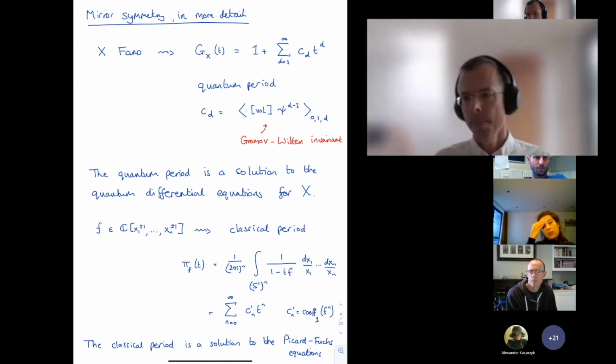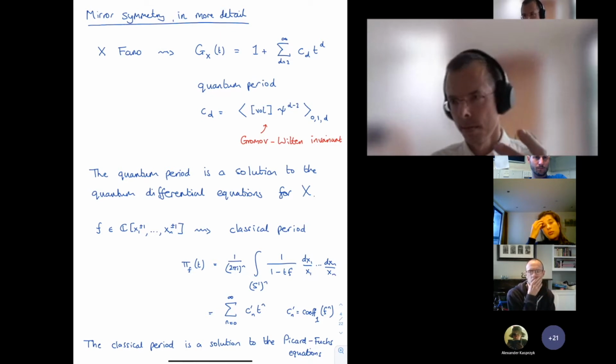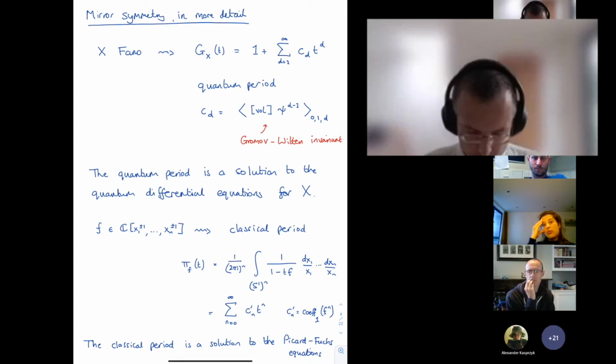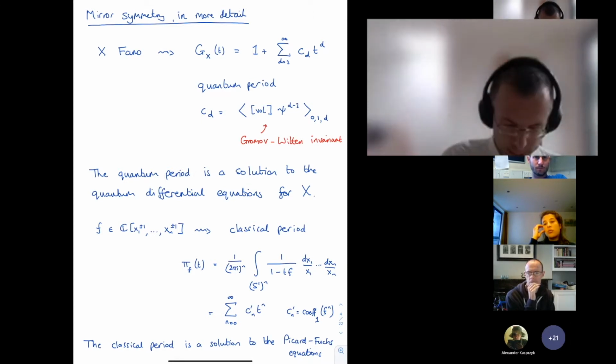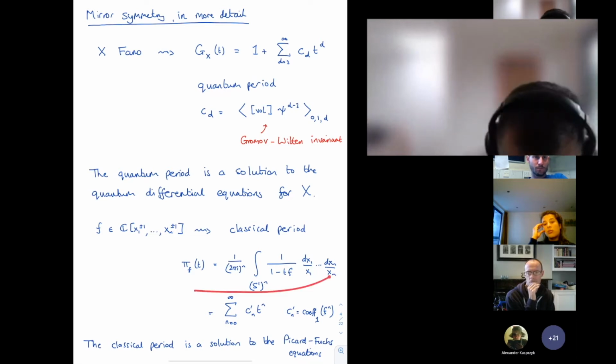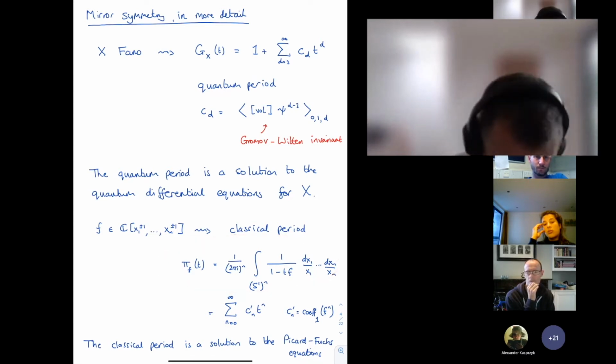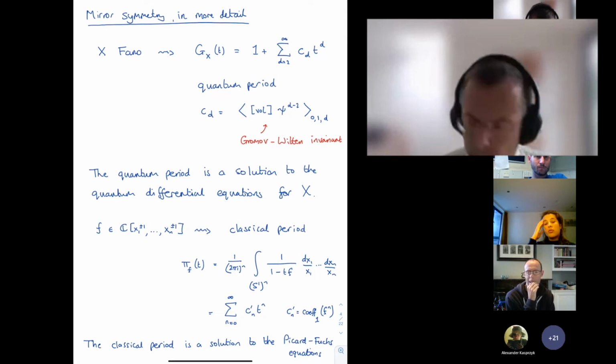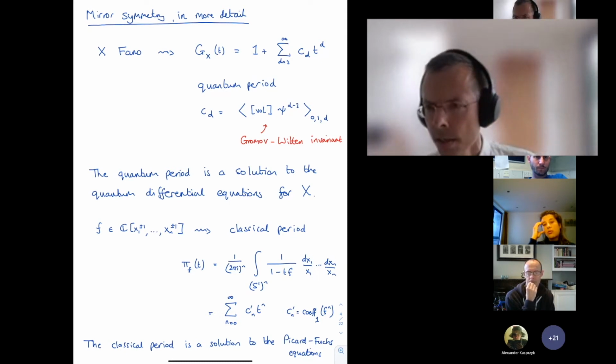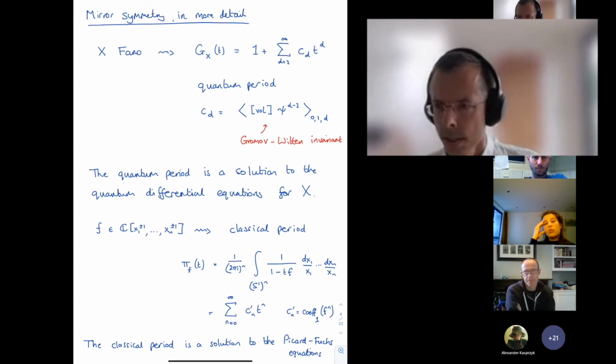So it's a map from C star to the n to C. You can think of that as a fibration away from the critical values. And the Picard-Fuchs equations associated with that fibration annihilate the classical period. Okay, so far? Smiles or frowns?